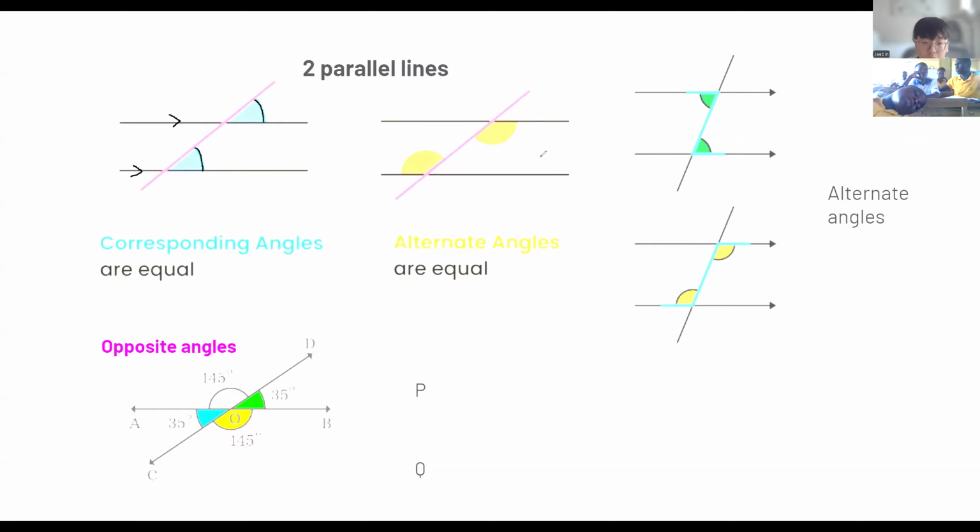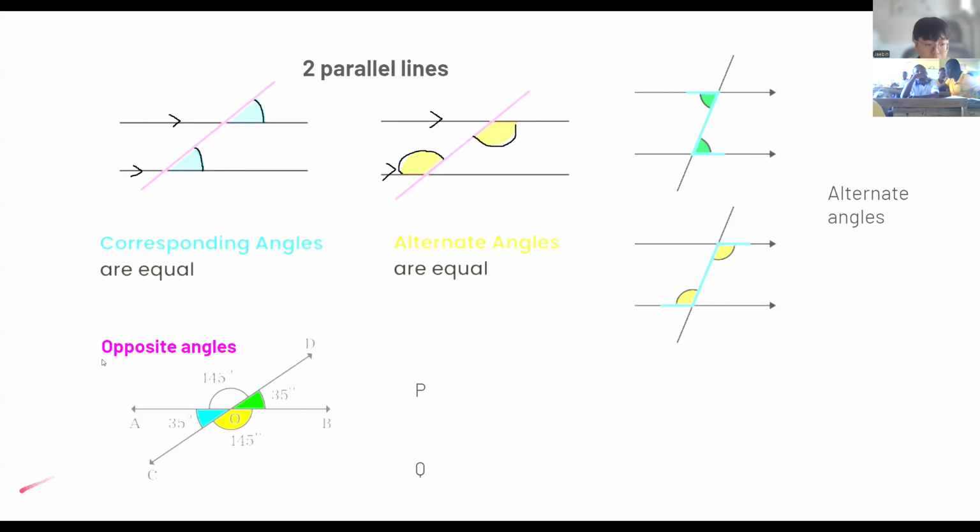When there are two parallel lines and a line crosses it, this angle and this angle are the same. They are called alternate angles.